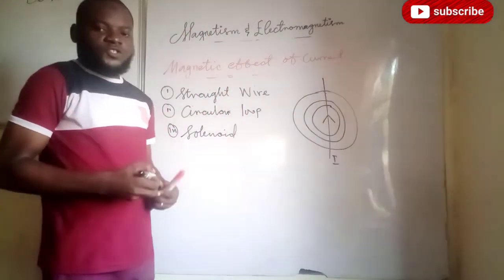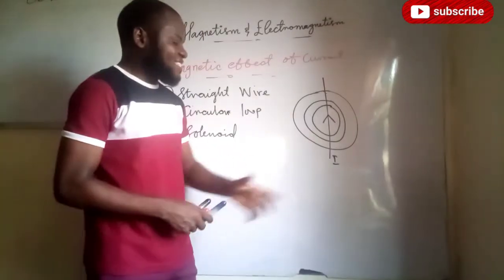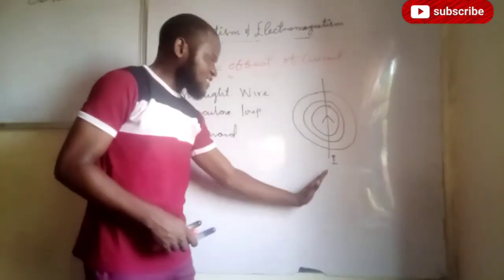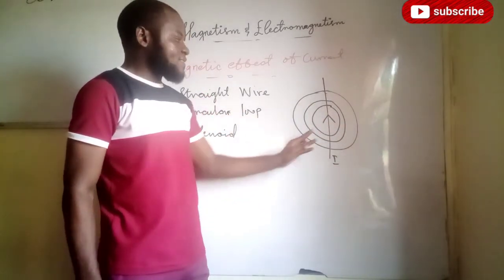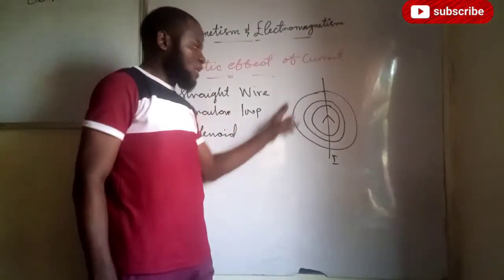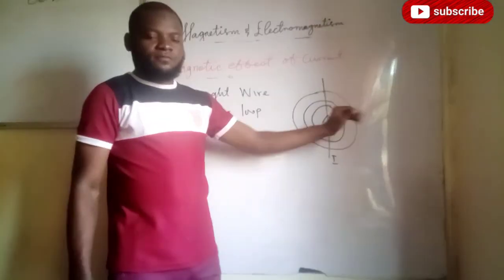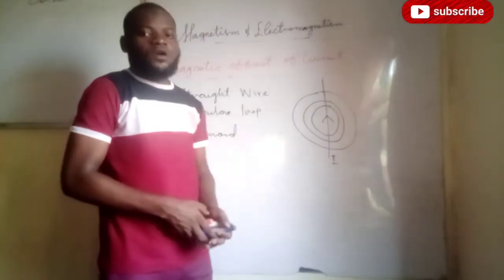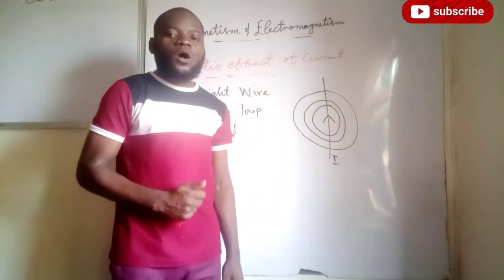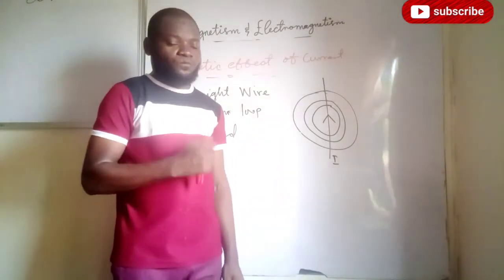Are we together now? So the pattern of magnetic field around a straight wire is like this. And how will I get the direction of the magnetic field? I'm going to get the direction of this magnetic field by using the Maxwell right-hand thumb rule.